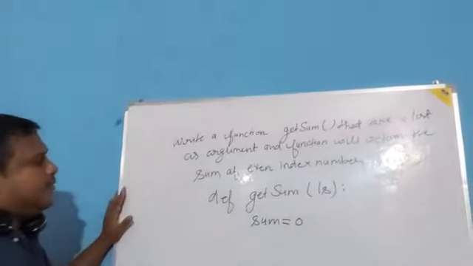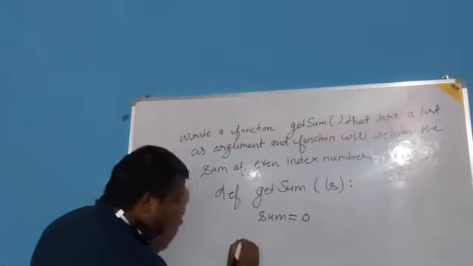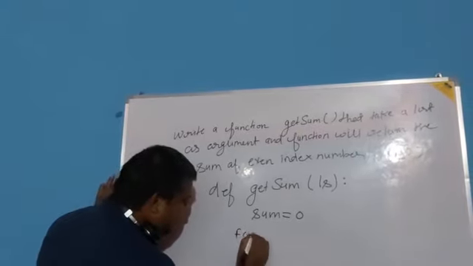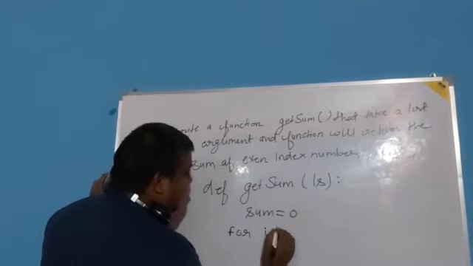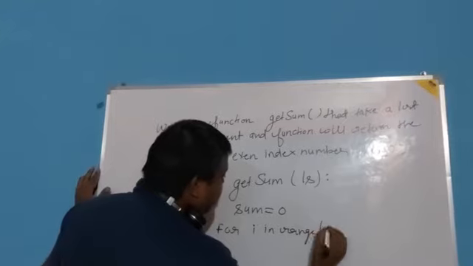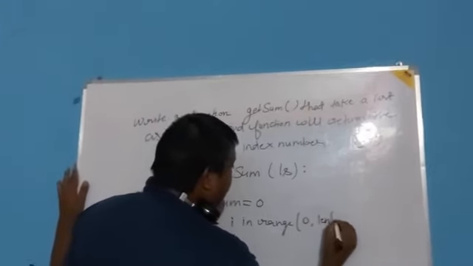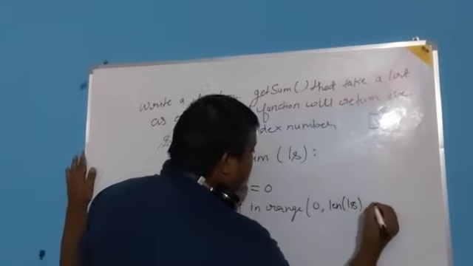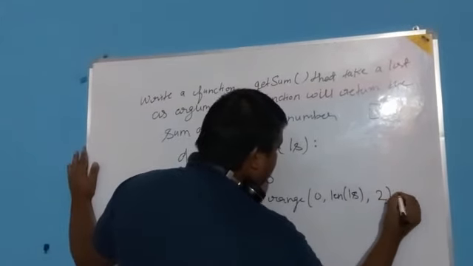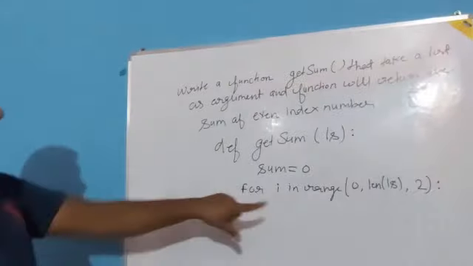Now we have to find the even index numbers. So I will go for i in range, starting from 0, going to the length of ls, with an increment of 2, because after one element the next even index will come.